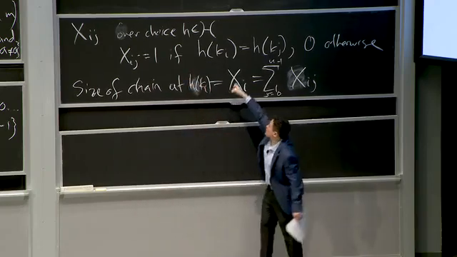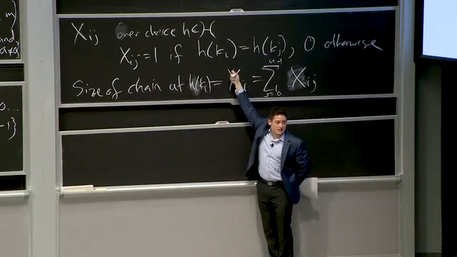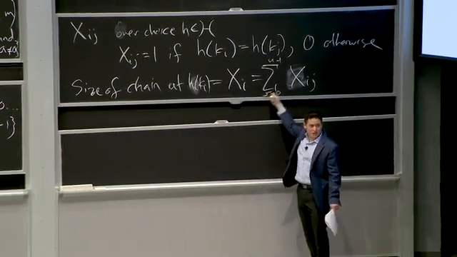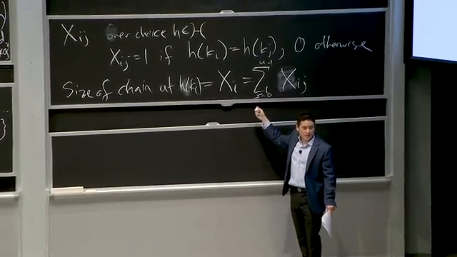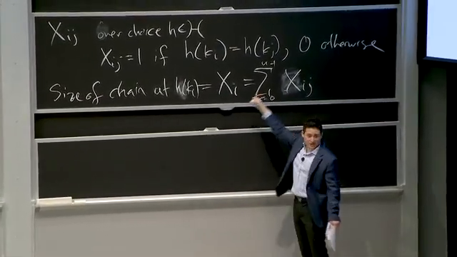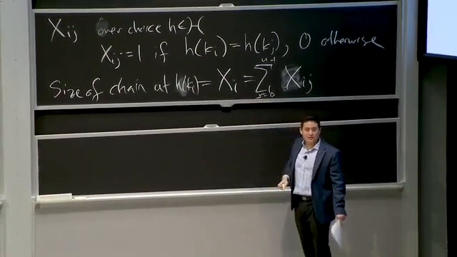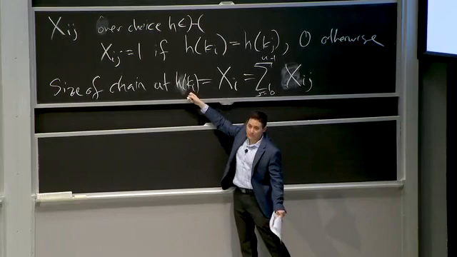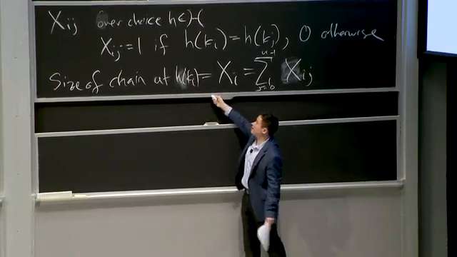I look at wherever ki is hashed, and I see how many things collide with it. I'm just summing over all of these things, because this is 1 if there's a collision and 0 if there's not. Does that make sense? So this is the size of the chain at the index location mapped to by ki.